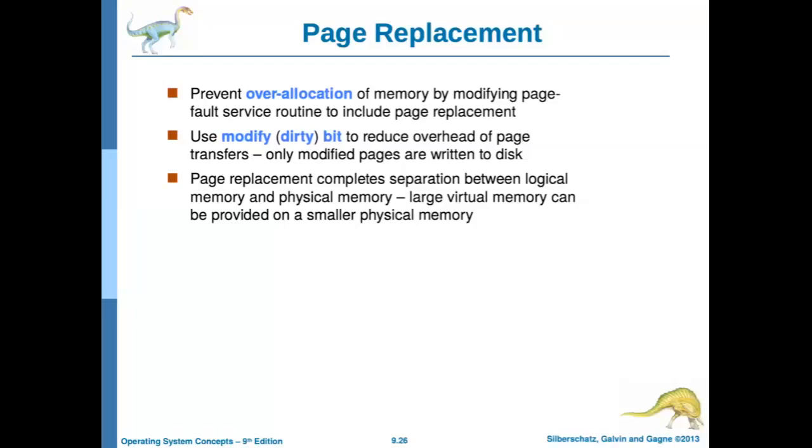Whenever we want to move a page from main memory to the backing store, in demand paging we already studied that the page is loaded from the backing store into main memory, so the contents are already there, and if it is not modified, we can save disk IO time.